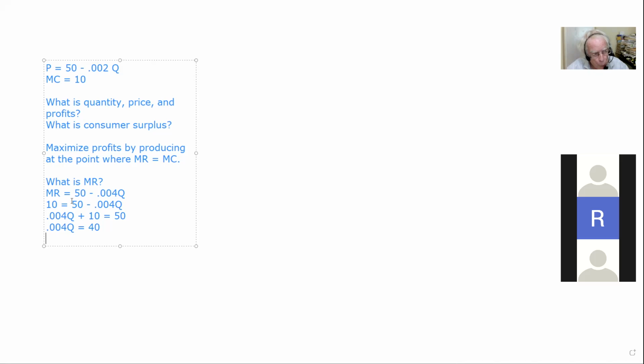So let's multiply both sides by 1,000, or 4Q is equal to 40,000.